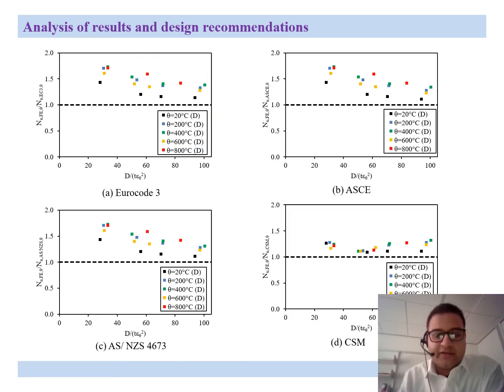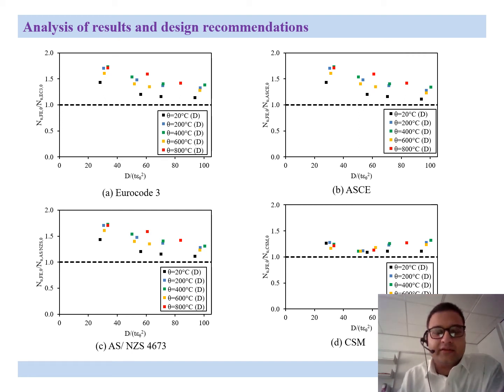So here you can see in the figures, which present the FE compression resistance for duplex stainless steel CHS stub columns at elevated temperature normalized by the respective design loads against the D/T ratios at 5 different temperatures between 20 and 800.